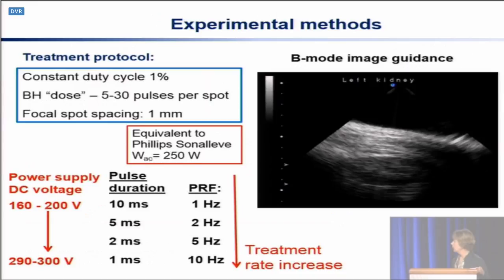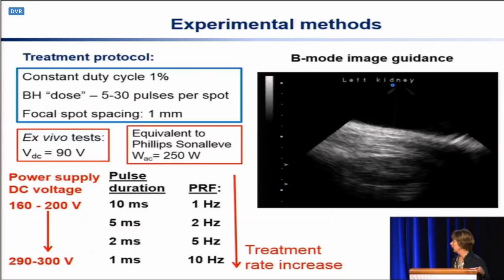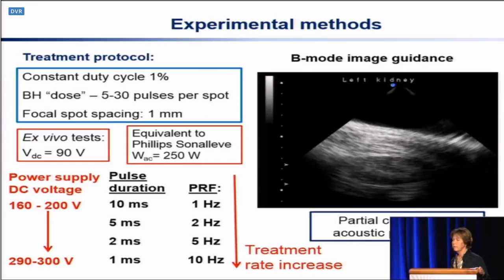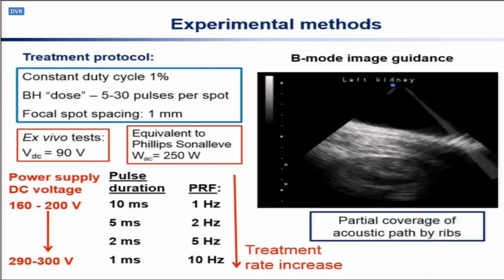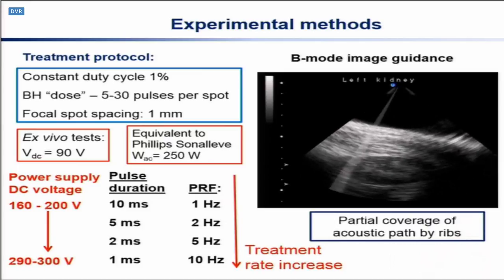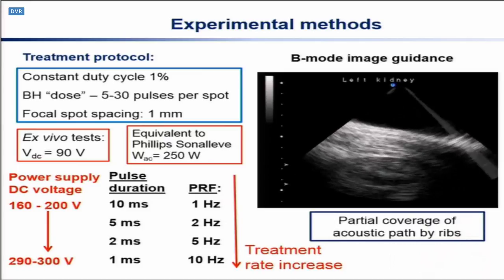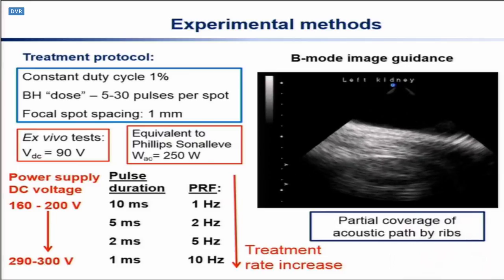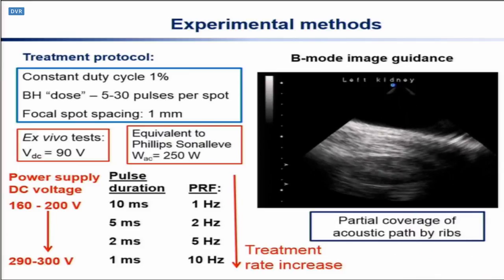So these are the parameters of the treatment. We used from 5 to 30 pulses per sonication point. We increased power and decreased the length of the pulses so that we can accelerate the treatment. And we combined it with the change of the pulse repetition rate to keep the duty cycle of 1%.